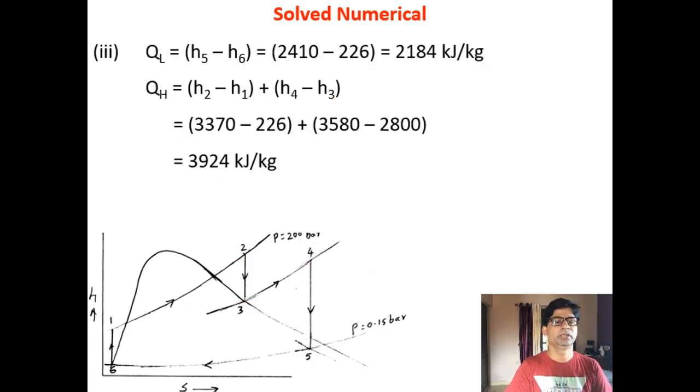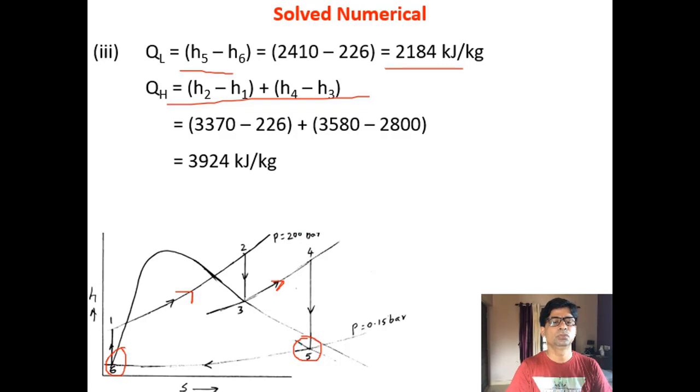Now coming to the heat rejected, you know that 5 to 6 is the condensation process in the condenser. So heat loss is H5 minus H6, which comes around 2184 kilojoules per kg. And heat addition, as all of you know, in a reheat cycle, 1 to 2 is the primary heat addition process and 3 to 4 is the reheat.